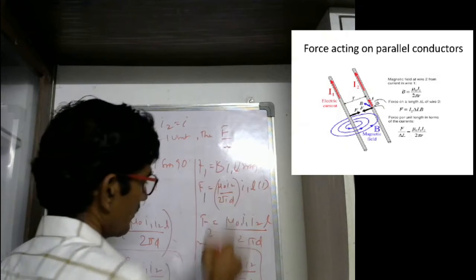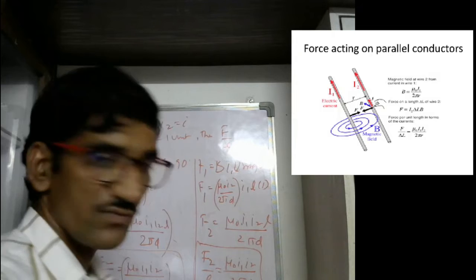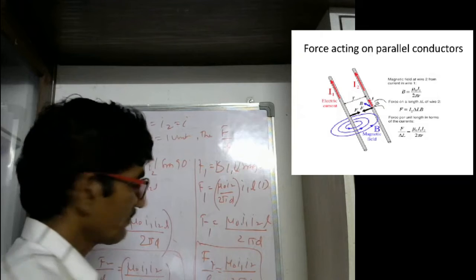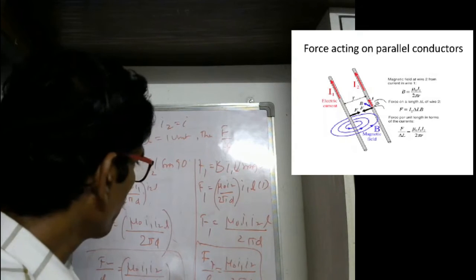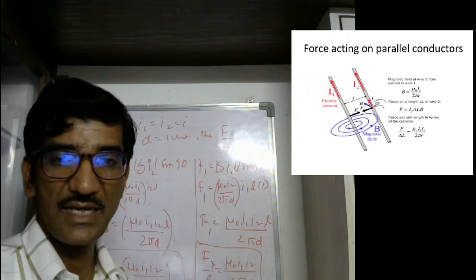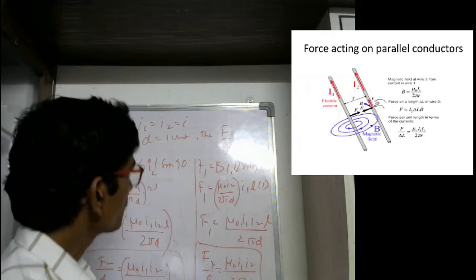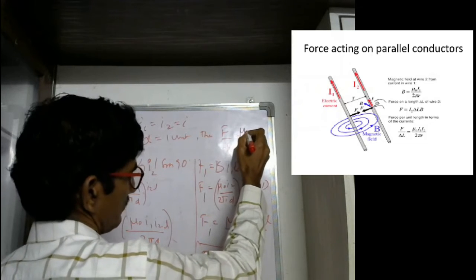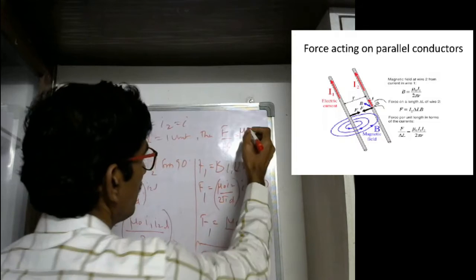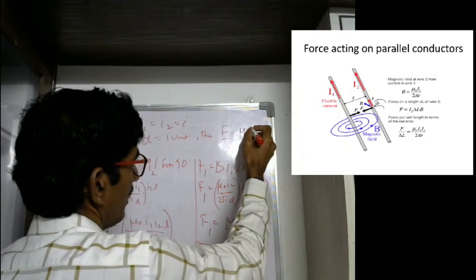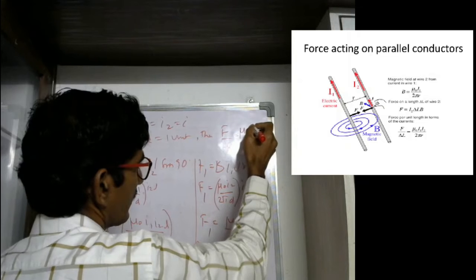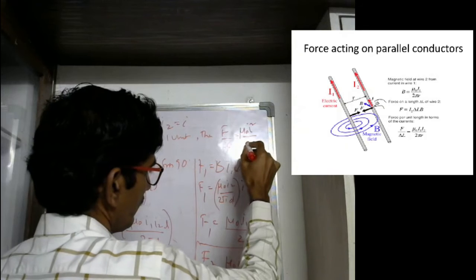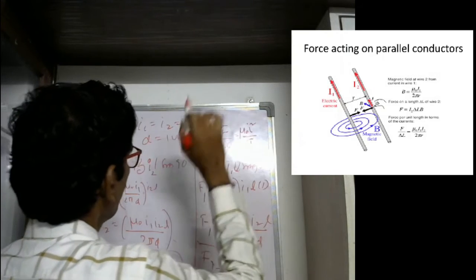Generally we write this as F by L, because F1 by L is equal to F2 by L. So F by L is equal to mu naught I into I, that means I square, by 2 pi. This is 1 unit.